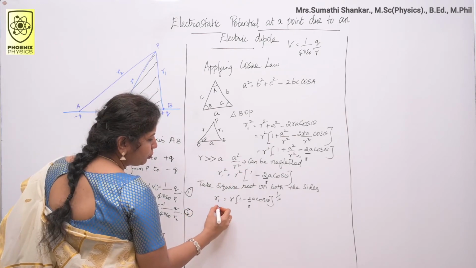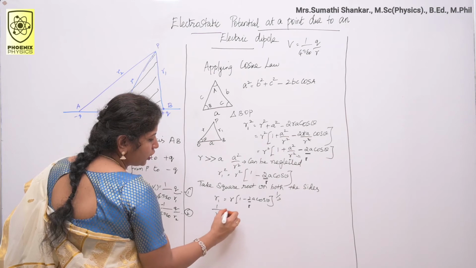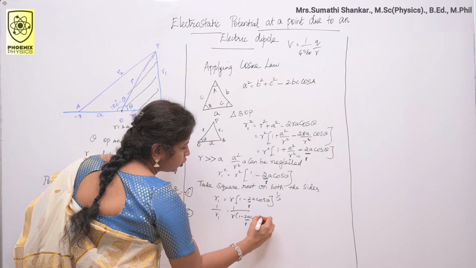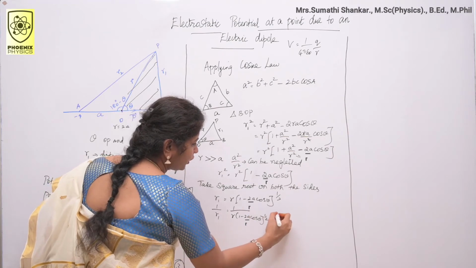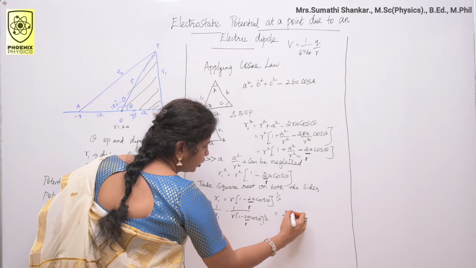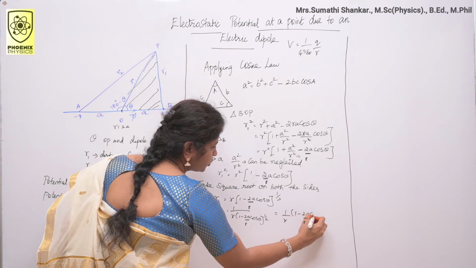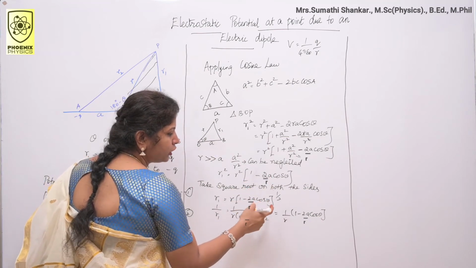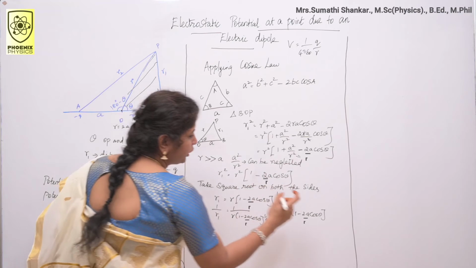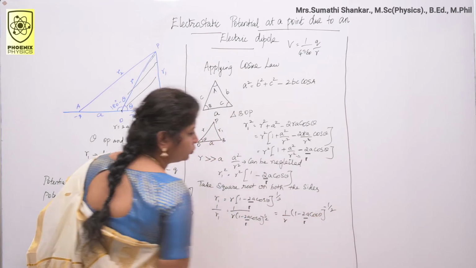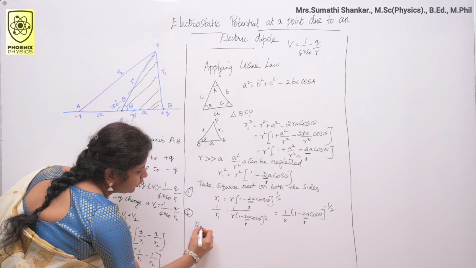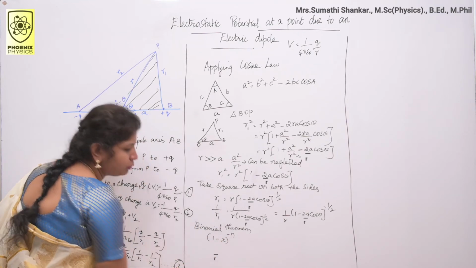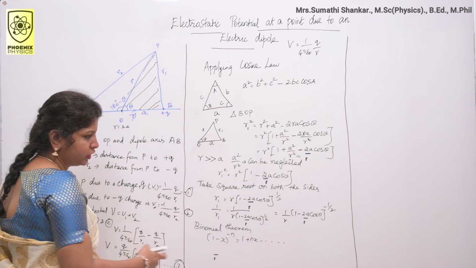Now you take the reciprocal of r1. 1 by r1 is 1 by r into 1 minus 2a by r cos theta whole power 1 by 2, or you can write 1 by r into 1 minus 2a by r cos theta the whole power minus 1 by 2, because plus 1 by 2 becomes minus 1 by 2 when it comes to the numerator. Going to apply the binomial theorem. Suppose 1 minus x to the power of minus n can be written as 1 plus nx.